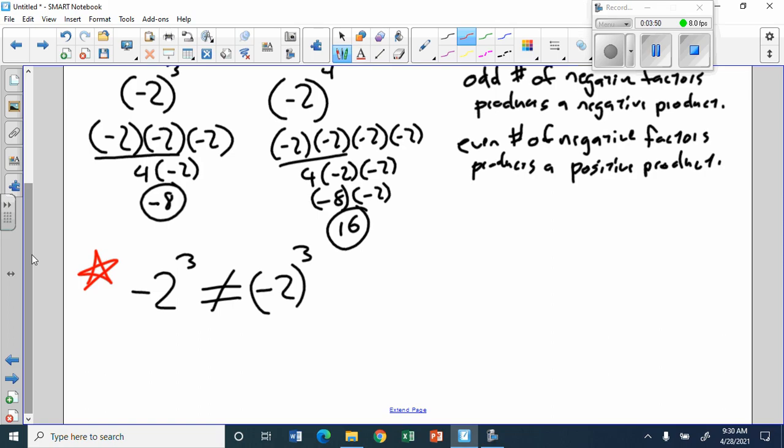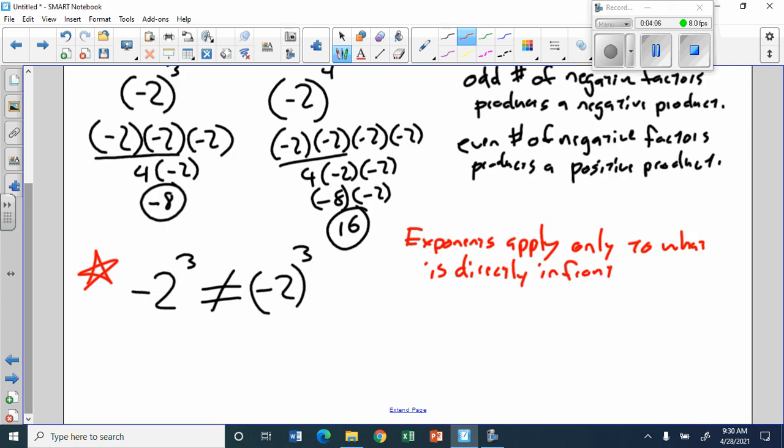Yeah. Okay. We're going to write in red here. Exponents apply only to what is directly in front. So for example, if I had a b to the cubed, that is a times b cubed.